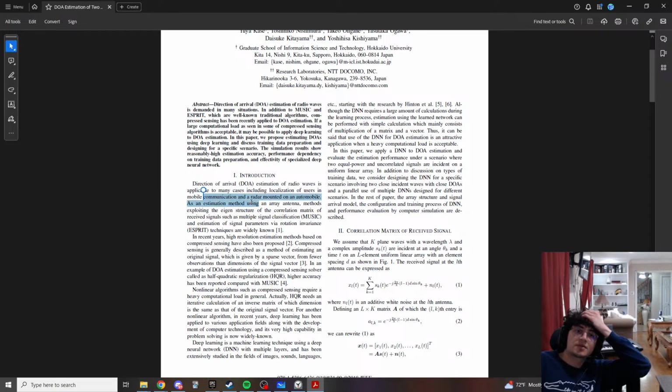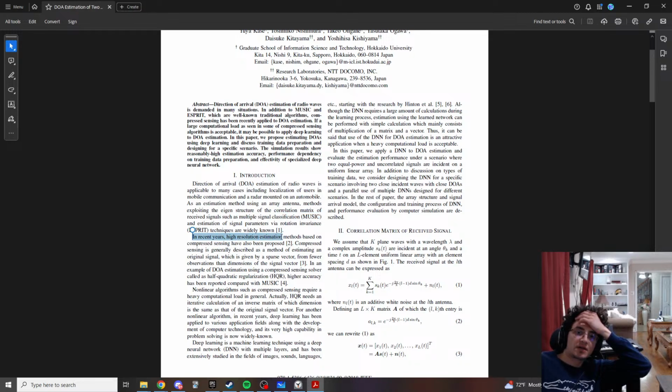As an estimation method using an array antenna, methods exploiting the eigenstructure of the correlation matrix of received signals, such as multiple signal classification, MUSIC, and estimation of signal parameters via rotational invariance, ESPRIT, techniques are widely known. So these are just estimation methods too.